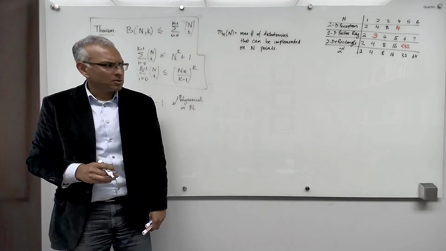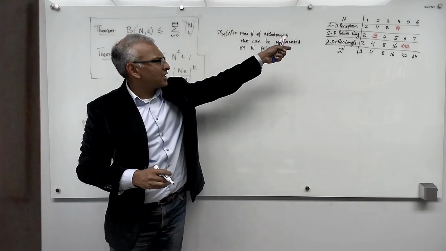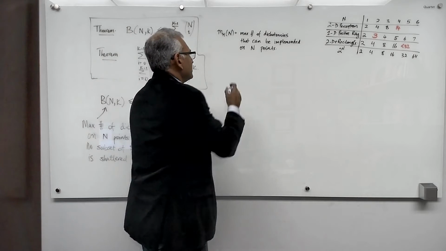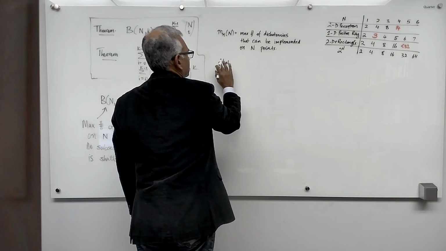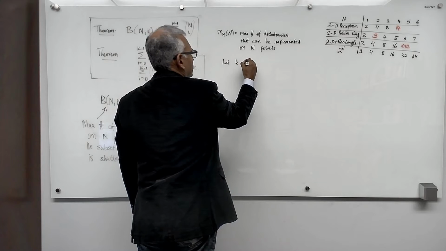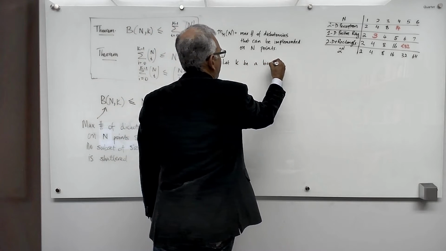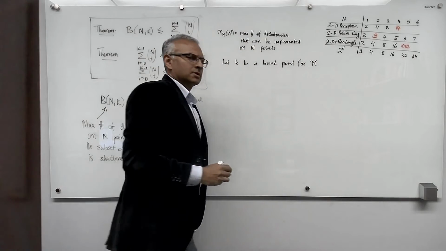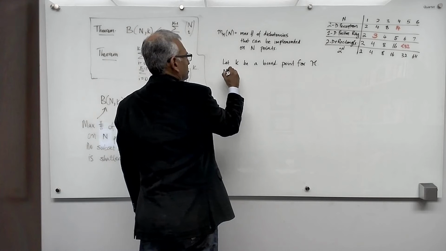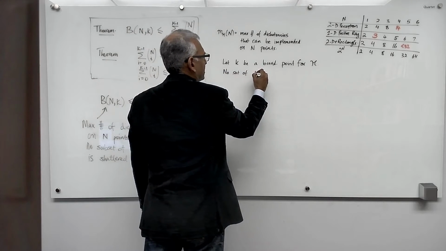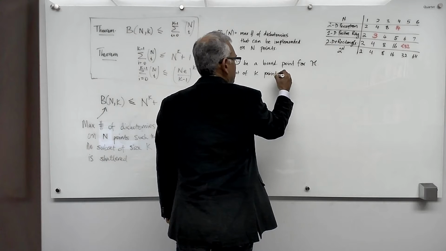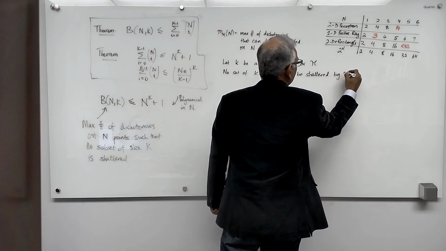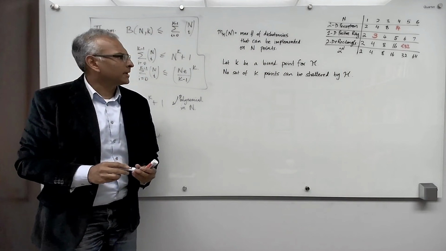Let us suppose that your hypothesis set, like all the ones we tried, has a breakpoint. So there's some value of n that breaks it. Let k be a breakpoint for h. What does that mean? No set of k points can be shattered by h.